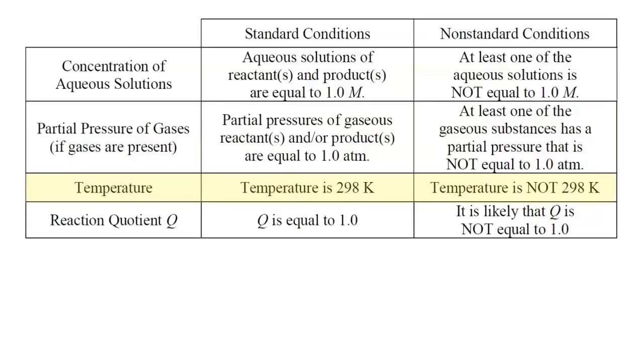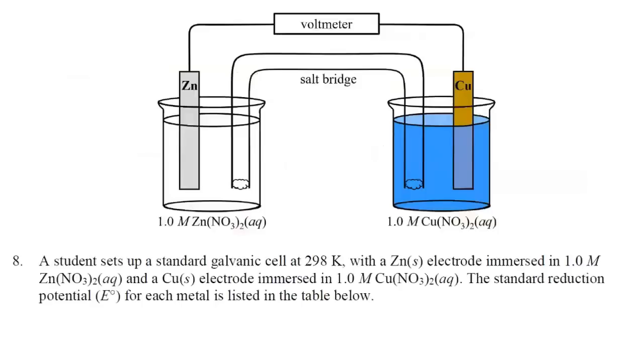And then for this reaction quotient, which is a ratio of products over reactants, if Q is equal to 1, that would represent standard conditions. But if you have non-standard conditions, it is likely that the value of the reaction quotient Q would not equal 1. All right, let's take a look at question 8 in the packet.